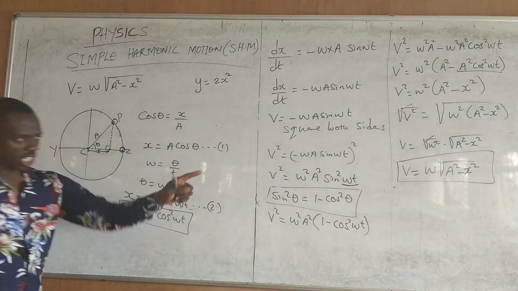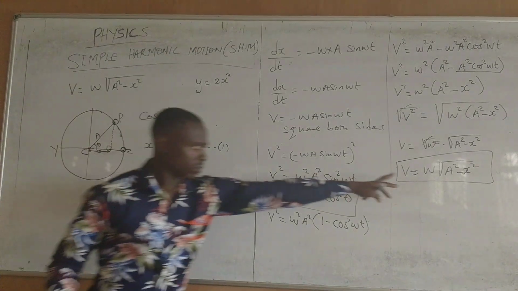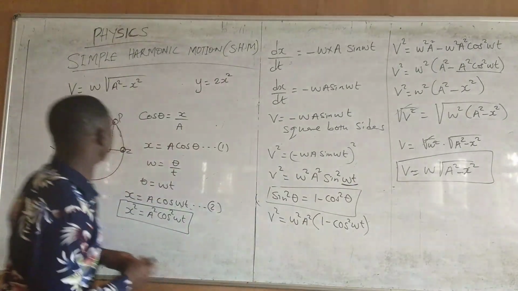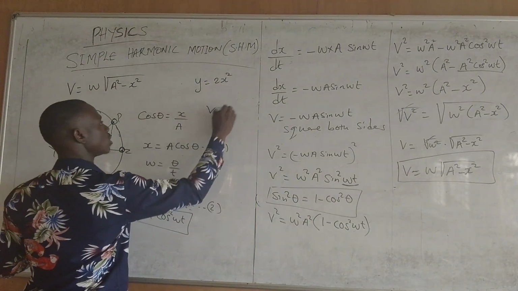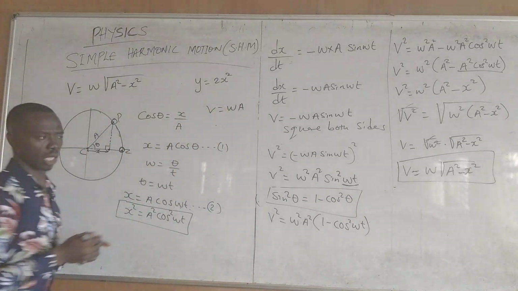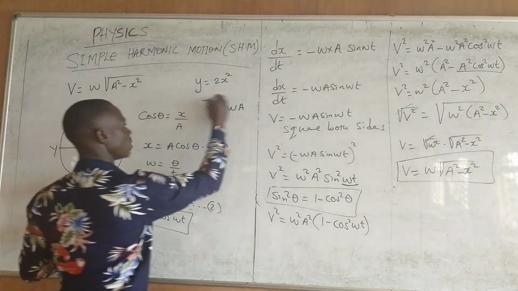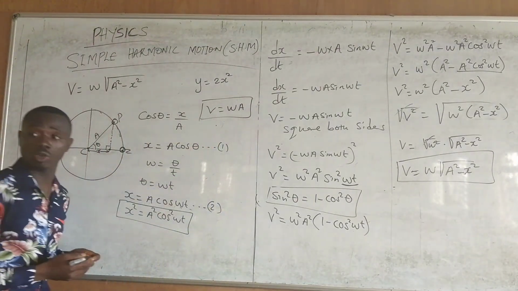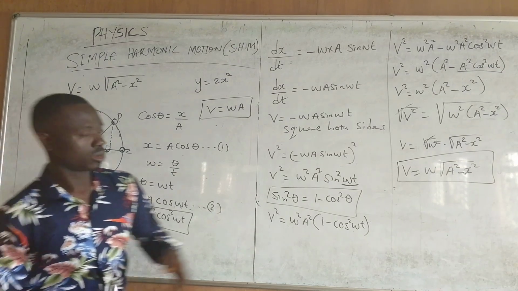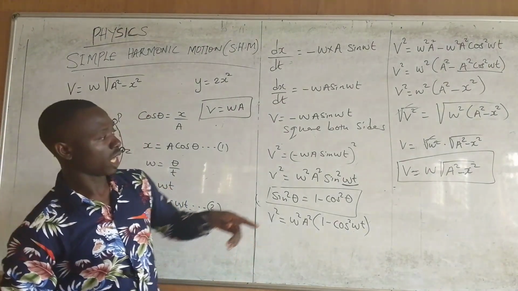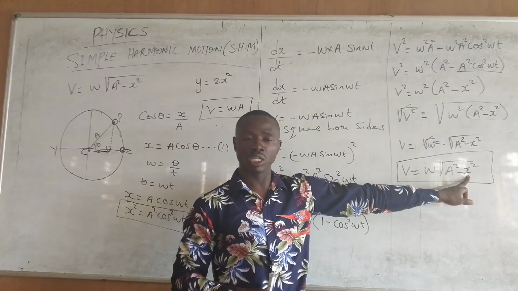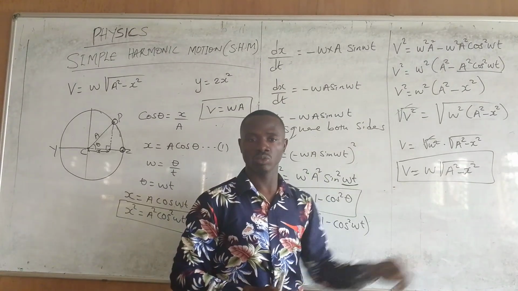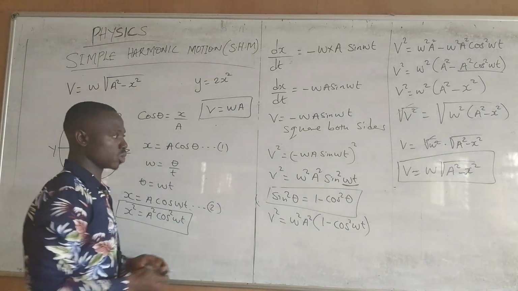Now, I'm going to explain the implication of this formula, because this formula can also lead to v equals omega A. Who can tell us the condition upon which the formula will lead to v equals omega A? That is when our displacement is equal to 0. Just watch.